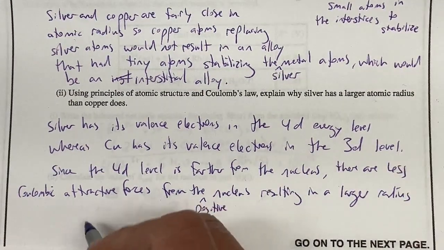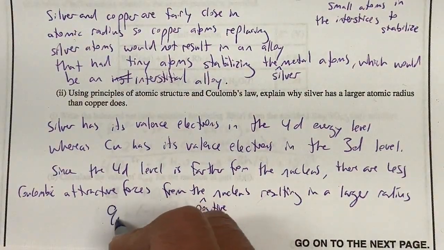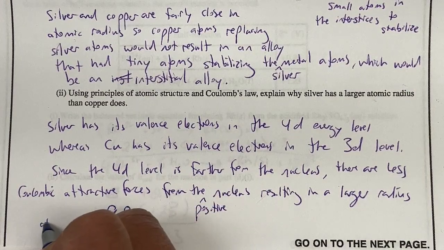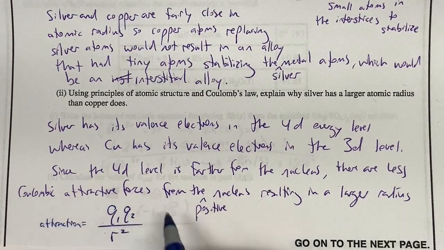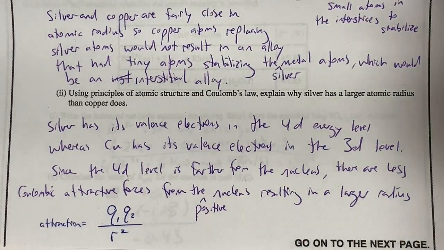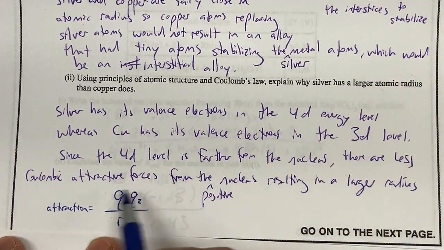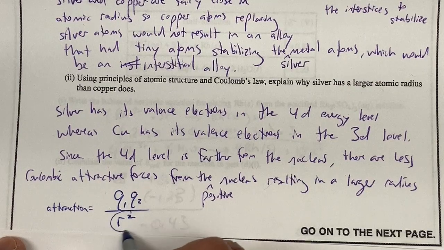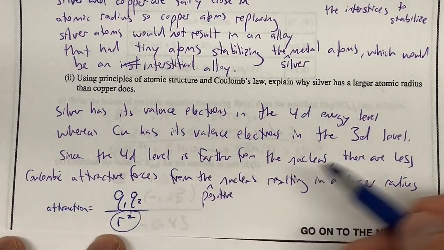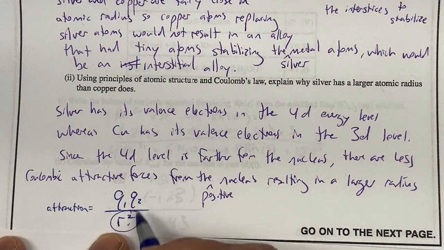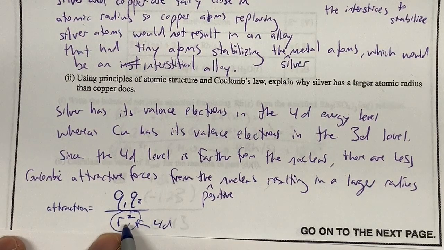Coulomb's law is Q1 Q2 over r squared, right? This is the attraction. The charges are going to be the positive and negative charges, but this distance here, if it's farther away, which means the 4d level compared to the 3d level, then the 4d has a bigger radius.